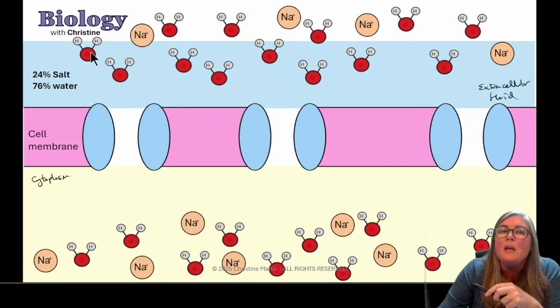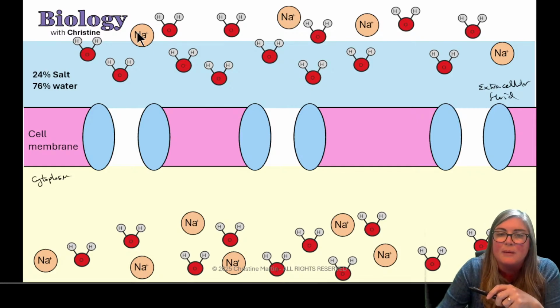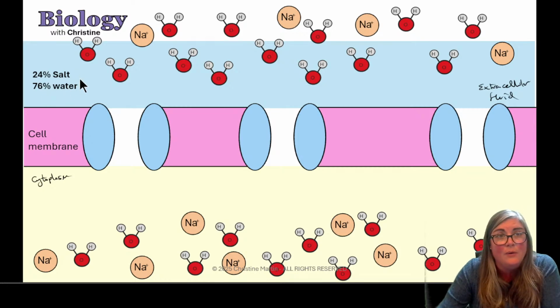So if we look at the number of water molecules compared to, for example, salt, in this case, I've used sodium ions as my example, we have got, let's say, 76% water on the outside and 24% salt on the outside in this extracellular fluid.